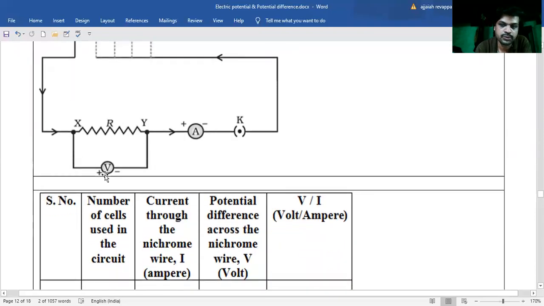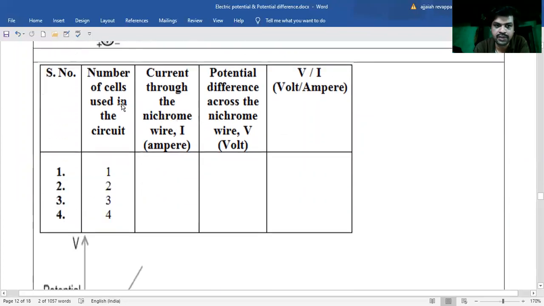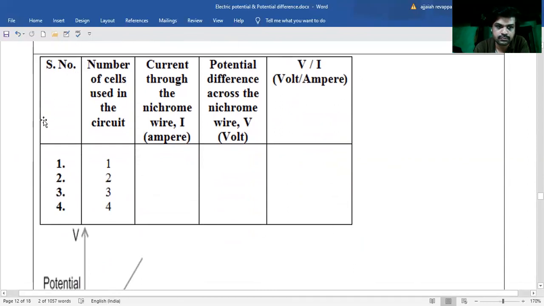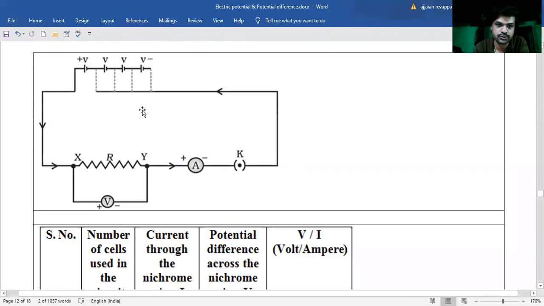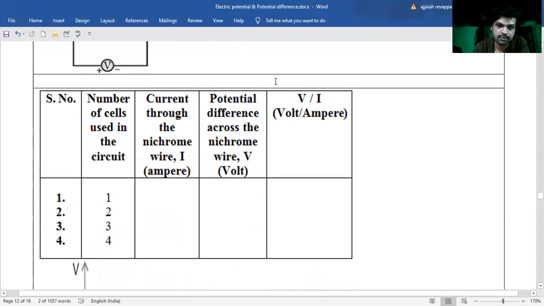You have to read the voltmeter as well as ammeter readings, both the readings. And here we have a tabular column. A tabular column is the part of the answer. You're supposed to draw the circuit and then the tabular column, and you need not enter any readings here.